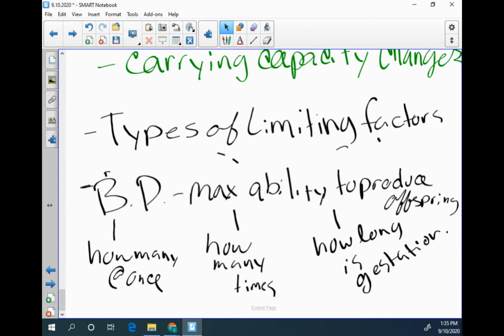How long is elephant gestation? 22 months. That's almost 2 years to grow a baby elephant. So elephants have even lower biotic potential than humans do, who have even lower biotic potential than frogs or fish do.